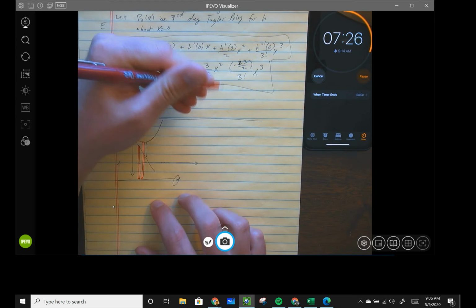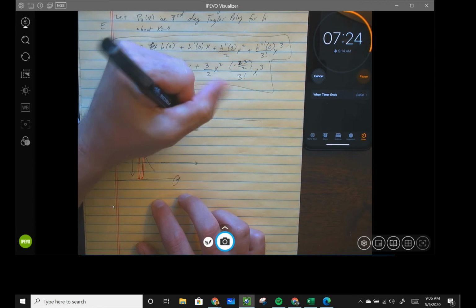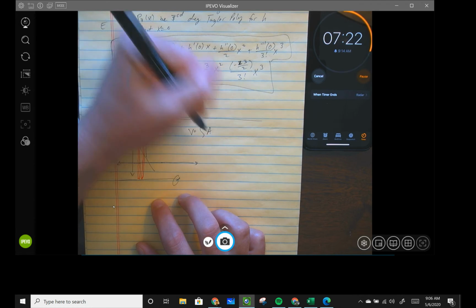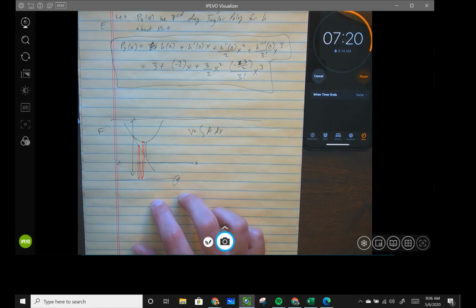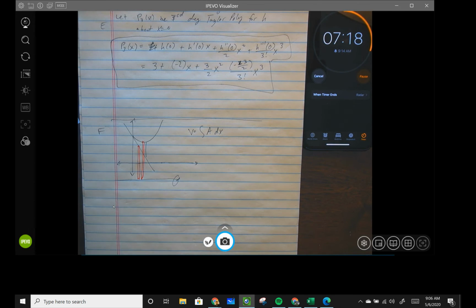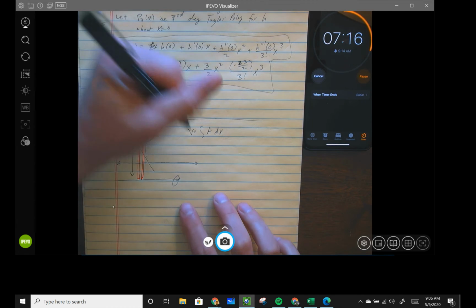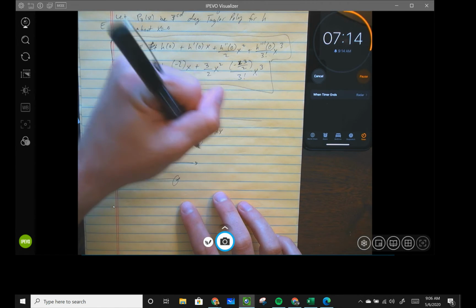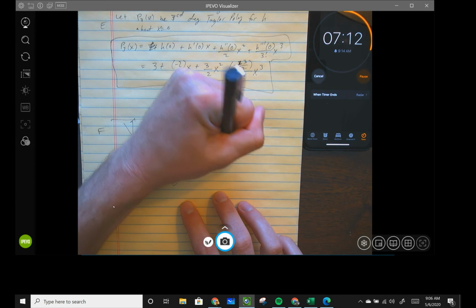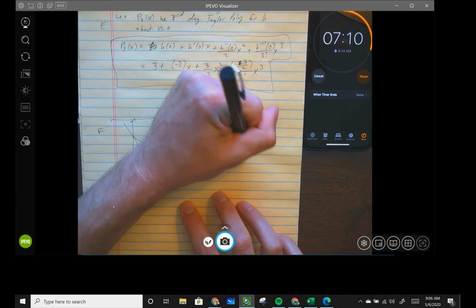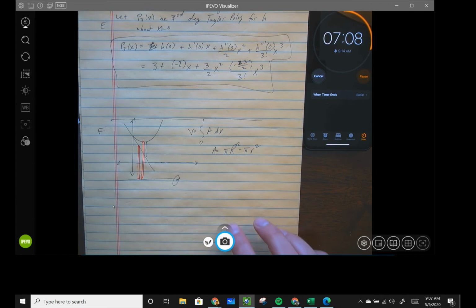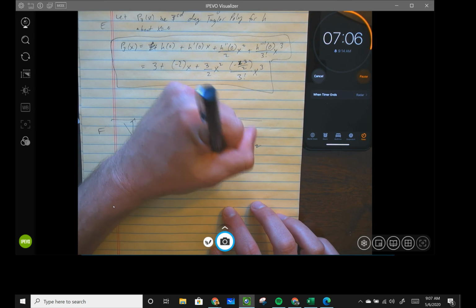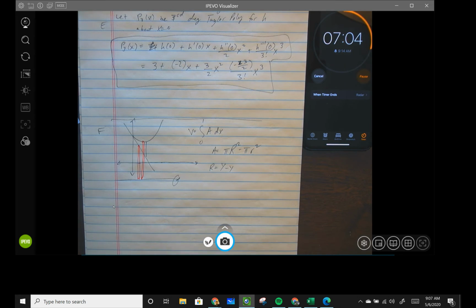Okay, so I know volume is the integral of area, and it's going to be a dx, so I can have those x values figured out right away. That's the integral from 0 to 1. And I know area is equal to pi big R squared minus pi little r squared. And I know big R is going to be a big Y minus little y, and that big Y is h.